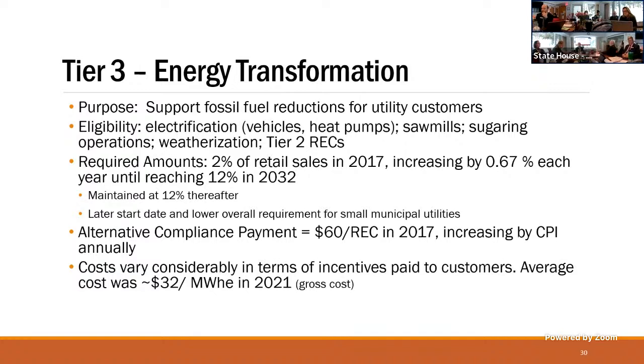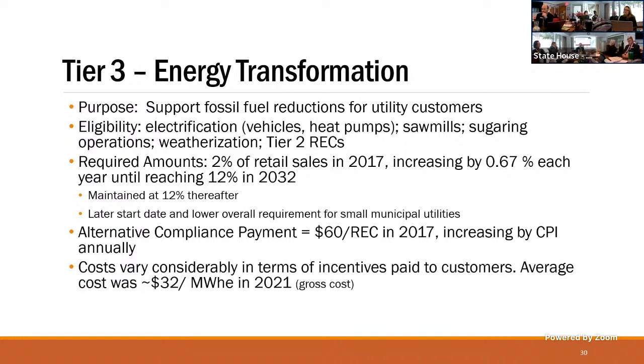We've seen a lot of line extensions, sugaring operations that use diesel generators, and instead are now using electricity to boil their sap, and they're able to not use that electricity at peak times, so it can be low cost, support the line extension, and it creates that incentive to get their customers off of fossil fuel. And it can be a win-win in driving revenue to the utility.